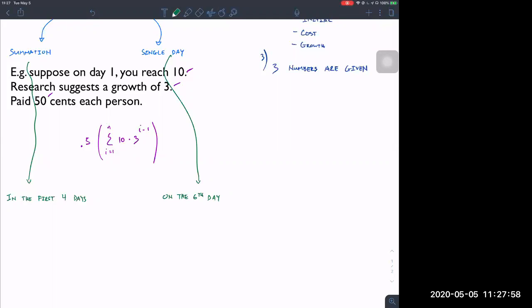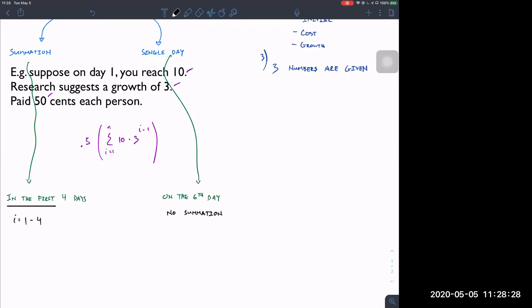And the other hint, though it's more of a nuance, is that since I said in the first 4 days, you know that you're going from i equals 1 to 4, whereas on the 6th day here, this is no summation. I've written this out before in some shape or form.